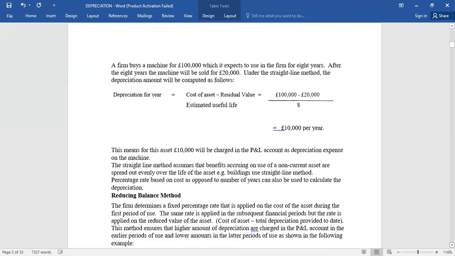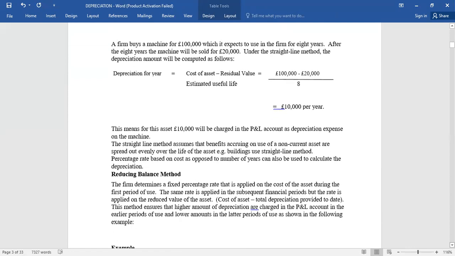Now you have an example here. A firm buys a machine of 100,000. It expects to use it in the firm for 8 years. After 8 years, the machine will be sold at 20,000. Therefore, under the straight line method, you take the cost of the asset, which is 100,000, less the residual value or sale value of 20,000, what you expect to sell at after 8 years.